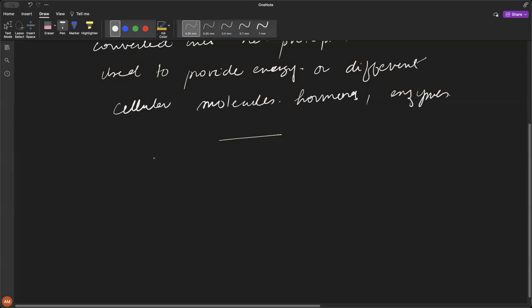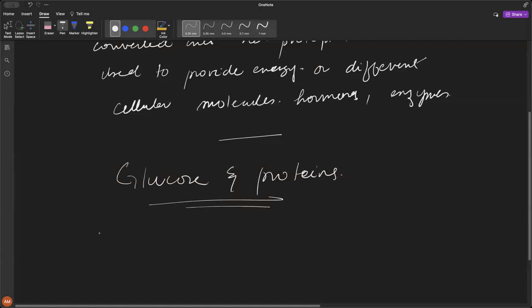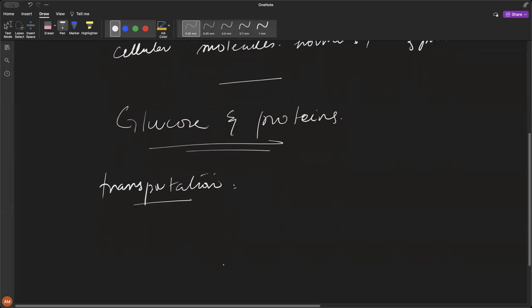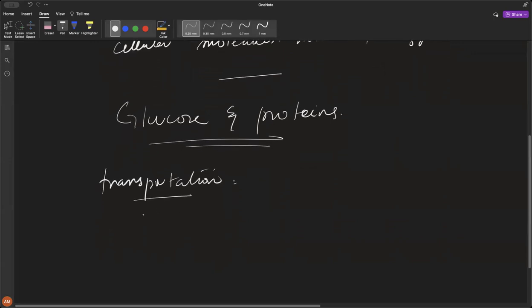Let's look at glucose and proteins. Let's talk about their transportation first. It is very easy. We have already discussed, we know that glucose is actually absorbed directly into the bloodstream.